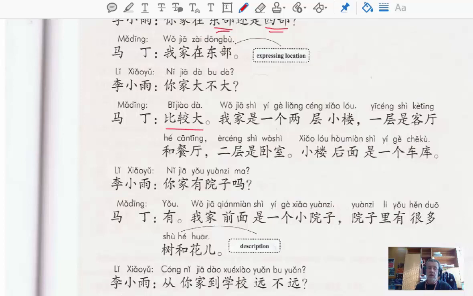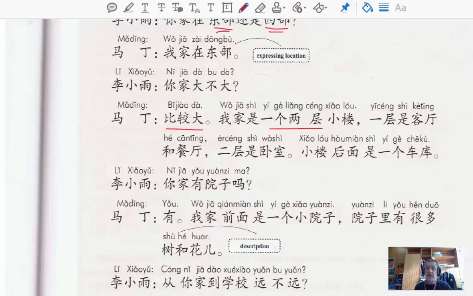He says my home or my house is a 2-story, 是一个2层小楼, 2-story house. You could even say 是个2层楼的房子，是一个2层楼的房子。So it's a 2-story house.